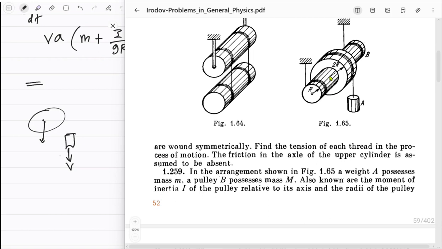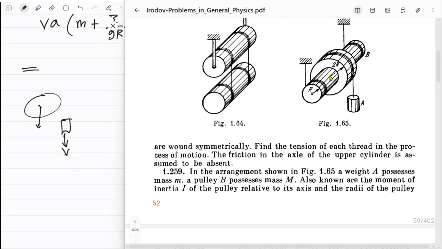V upon 3. So it's going to be V times small mg, and V upon 3 times capital Mg. That is the power, basically. So you've got V times g times m plus M upon 3. That should do it.